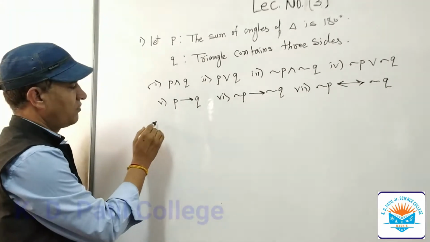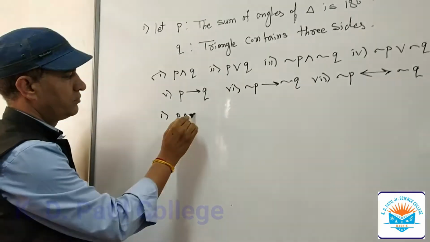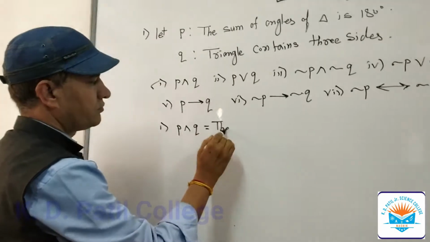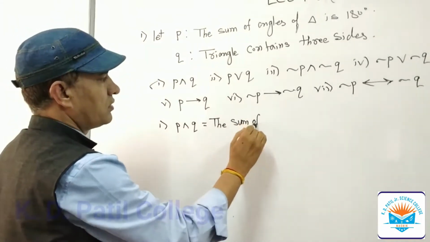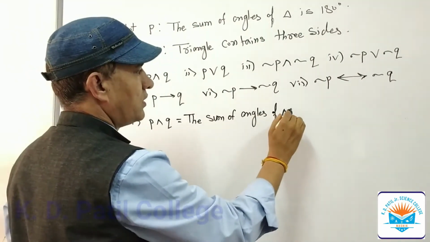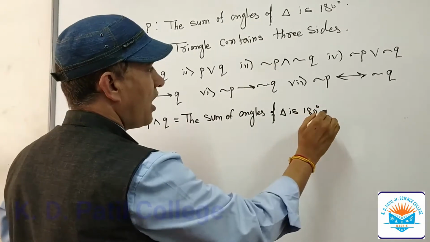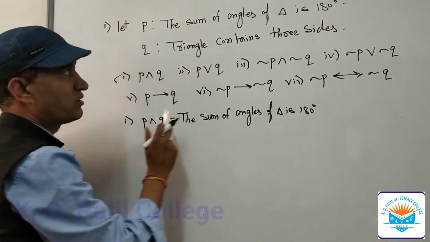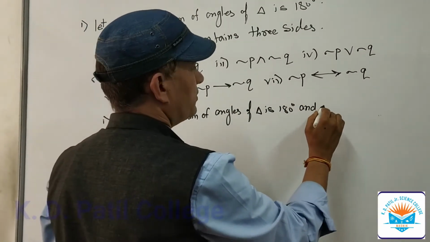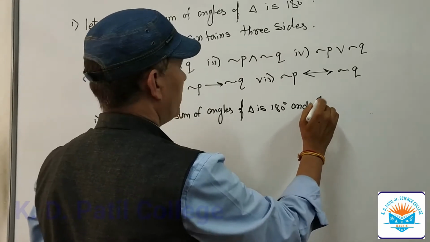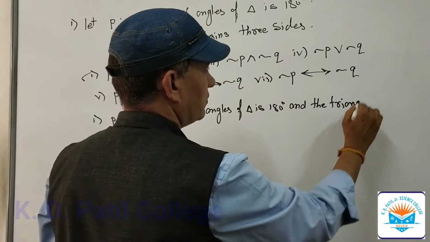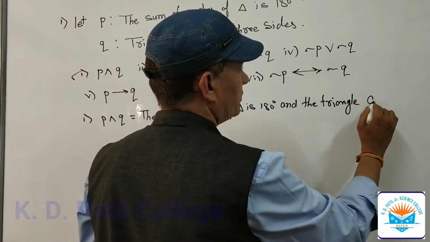For the first part we take P conjunction Q. It can be written as: the sum of angles of a triangle is 180 degree, and why so? Because we are using conjunction, and the triangle contains three sides.